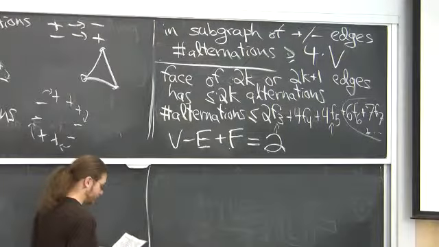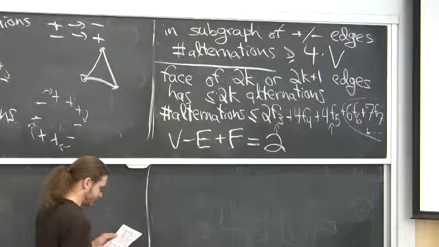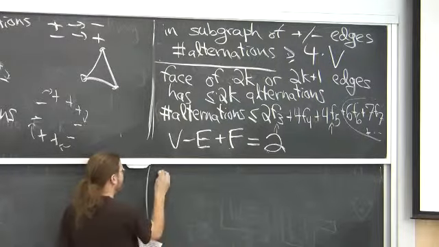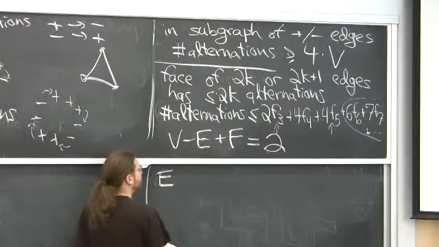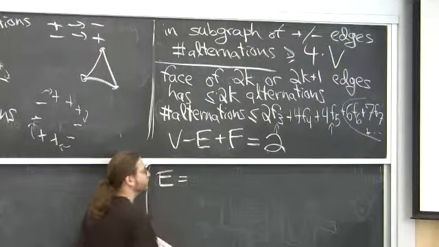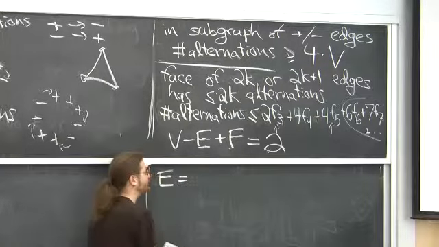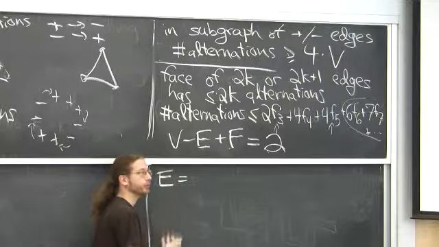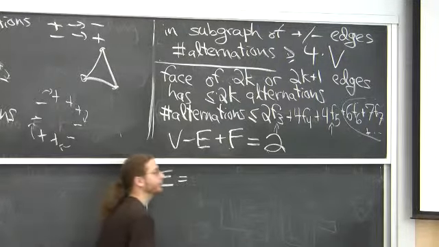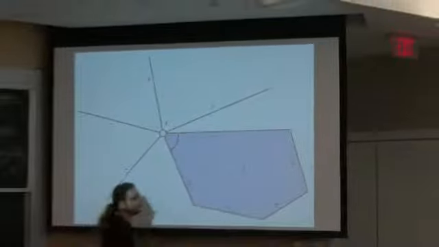All right, well, edges. I want to count the number of edges in terms of the number of faces. I could do it in terms of vertices or faces. Number of edges is half the sum of the degrees of the vertices. Remember, that's the handshaking lemma from way back when. It's also half the sum of the degrees of the faces. If I look at every face and I count the number of edges, I will end up counting every edge twice, once from each side.